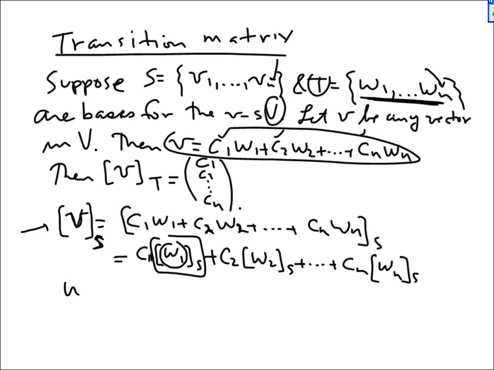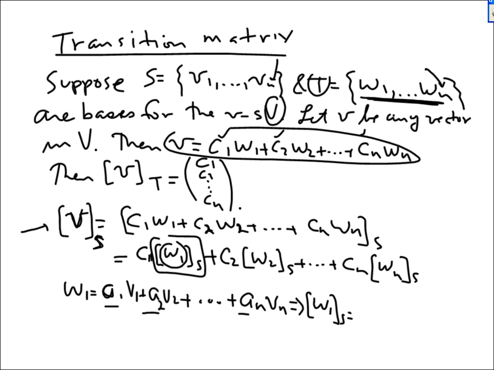Because w1 with respect to basis S is going to be a multiple times v1 plus a multiple times v2, etc., all the way down to a multiple times vn. Well, that implies that w1 in brackets will be a1, a2 up to an. Okay, that's what we're getting. Each one of these wi sub S's, they're all in Rn.